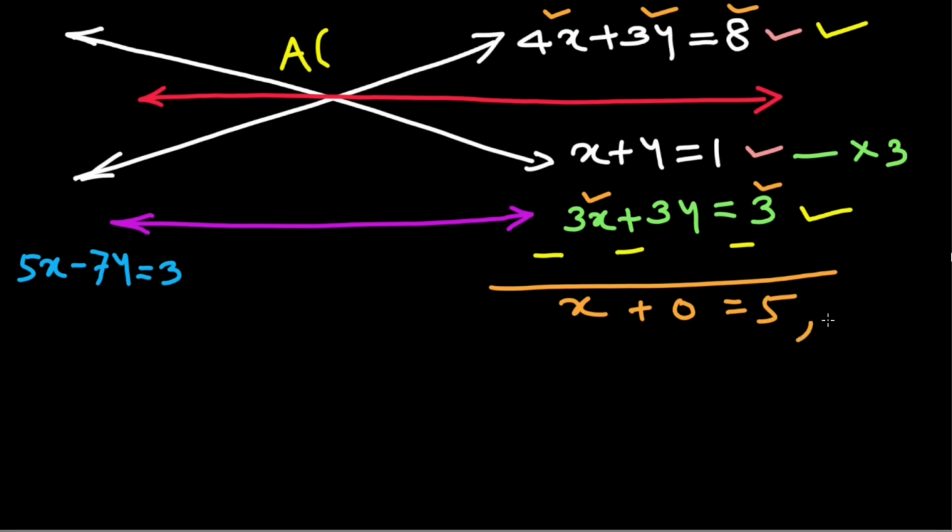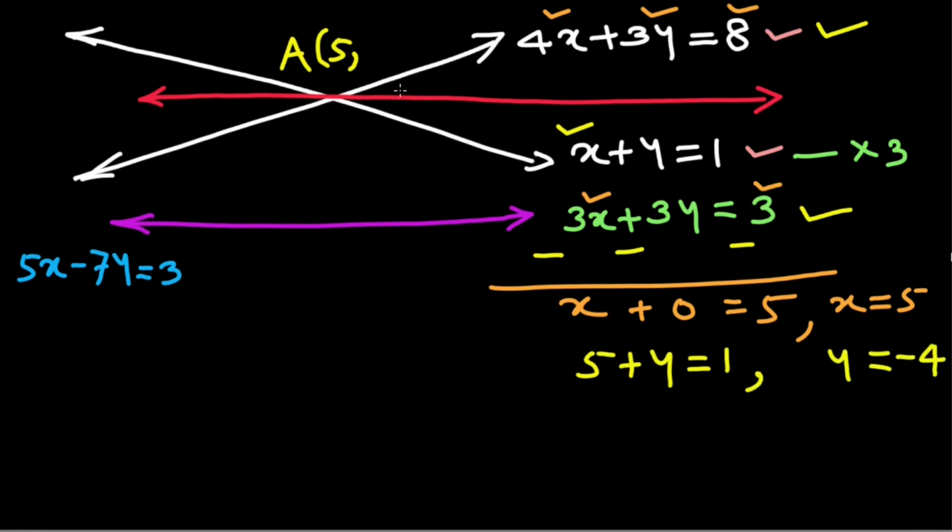So x will be 5, which we write here as the x coordinate. We will substitute x equals 5. So this equation becomes 5 plus y equals 1, that is y equals minus 4. So the y coordinate of point A will be minus 4.